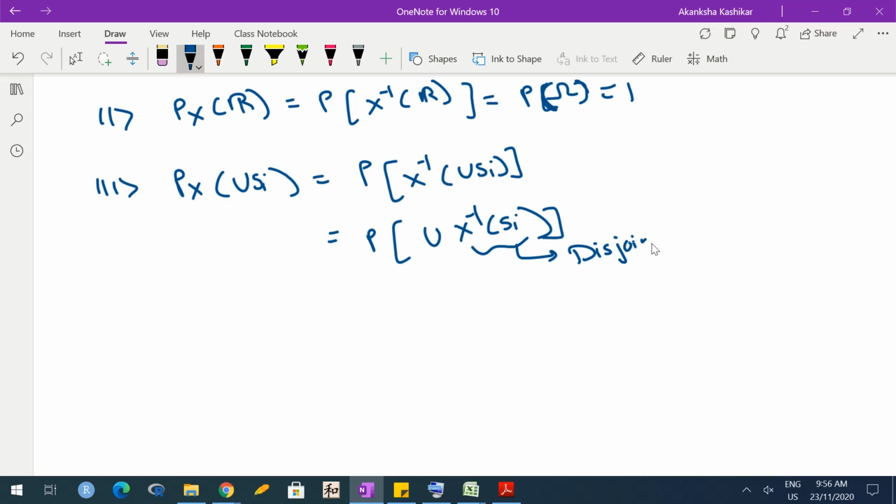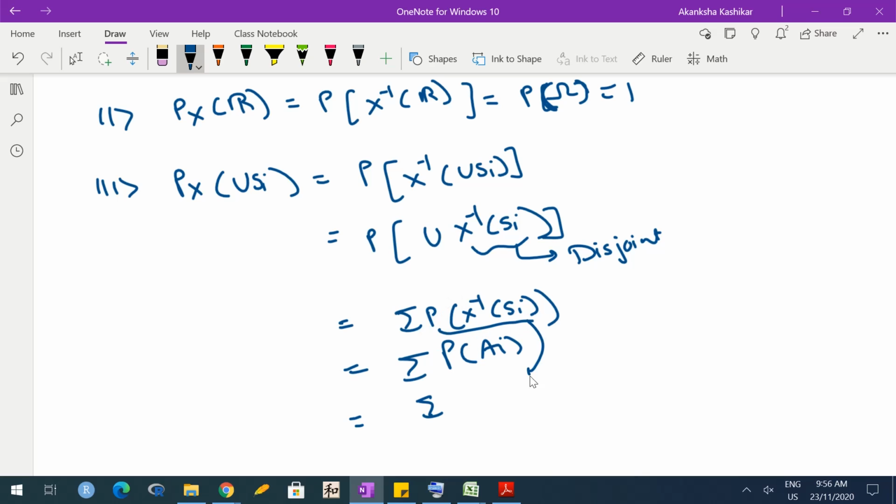We have studied this property already. And because these are now disjoint, the probability of a union of disjoint sets is the same as the sum over the probabilities. It becomes the sum over the probability of X inverse of Si, and this is nothing but the sum over probabilities of some Ai's, and the Ai's are disjoint. So we have proved that probability. So this we'll need to rewrite.